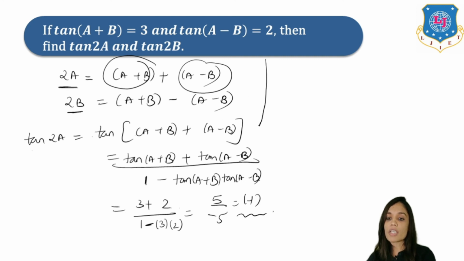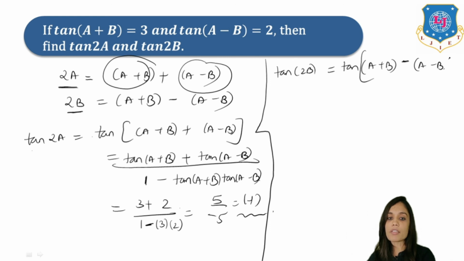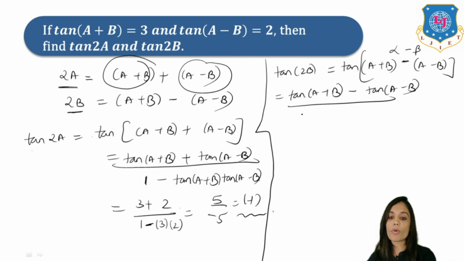Okay. Similarly, let us find the value of tan 2b. Fine. So this can be written as tan of (a plus b) minus (a minus b). So now apply the formula of tan(alpha minus beta). So this will be equal to tan(a plus b) minus tan(a minus b) upon 1 plus tan(a plus b) into tan(a minus b).